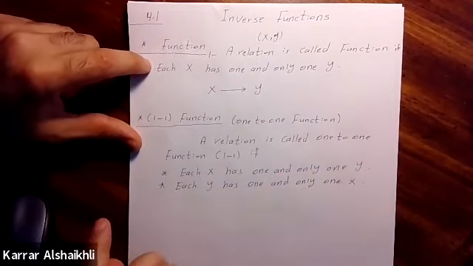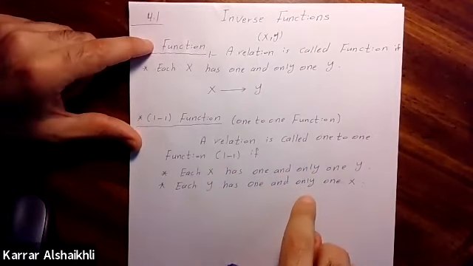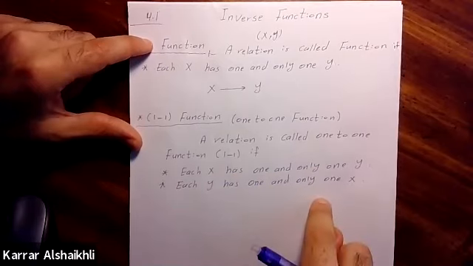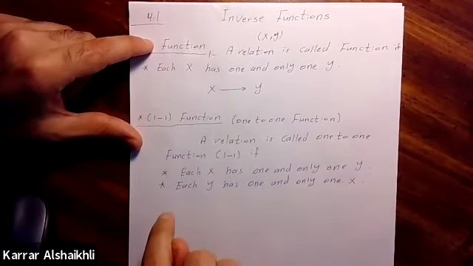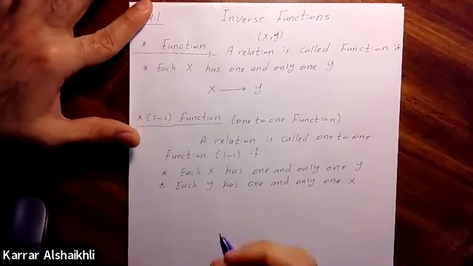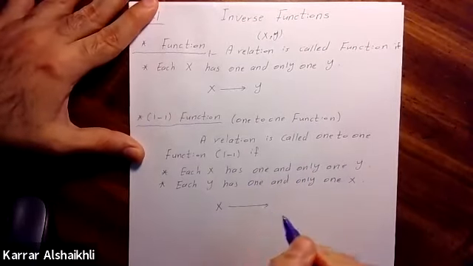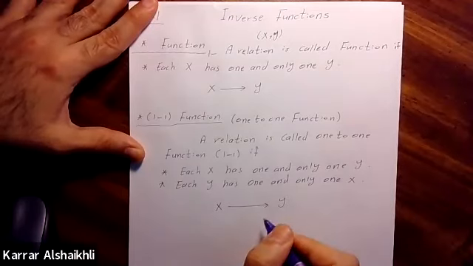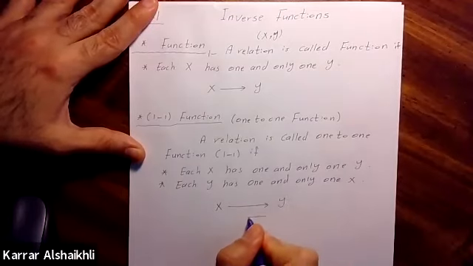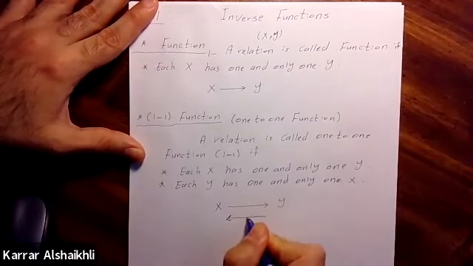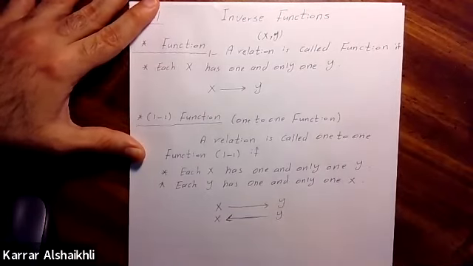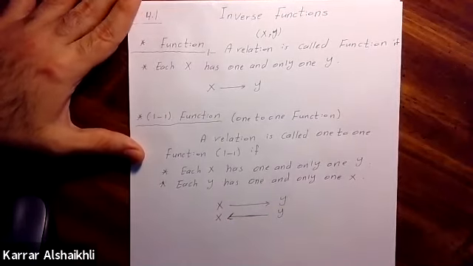That means each x goes to one y, and also we have to make sure each y goes back to only one x. Each y here goes back to one and only one x.